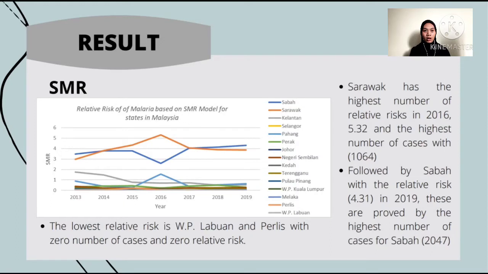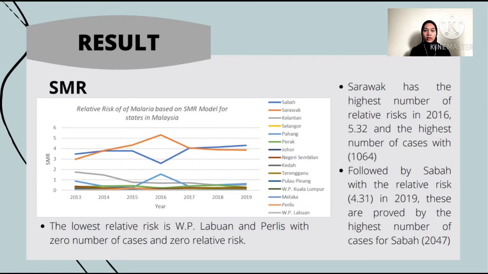As a result for SMR, this is the graph based on the data we get, and based on the SMR values that we get according to the formula that I showed earlier. Based on this graph, we can see that Sarawak has the highest relative risk in 2016 with 5.32, which is equivalent to 1,064 cases.